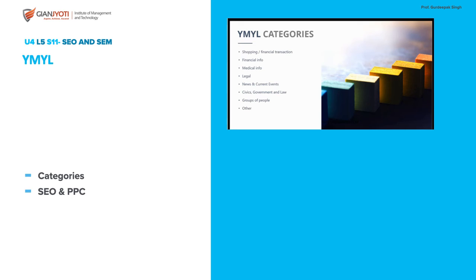So, based on YMYL, they categorize the website. What are these categories under which your web pages will fall? Whether it is under shopping or financial transaction, financial info, medical info, legal. All these things, because it's a matter of life or death for the people at large.